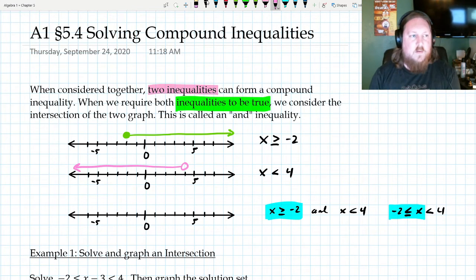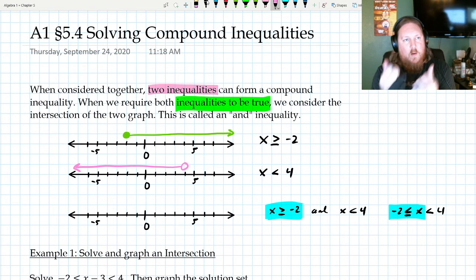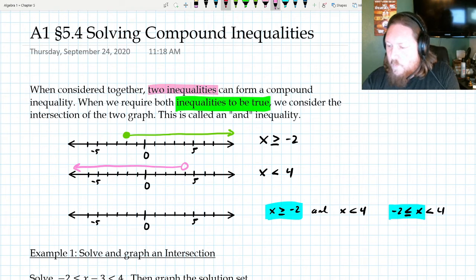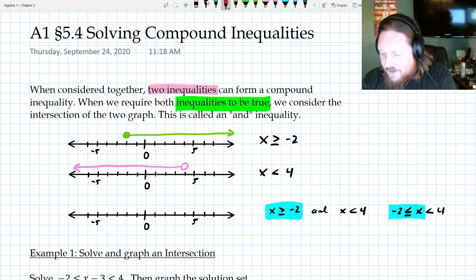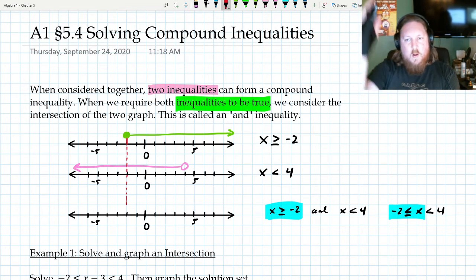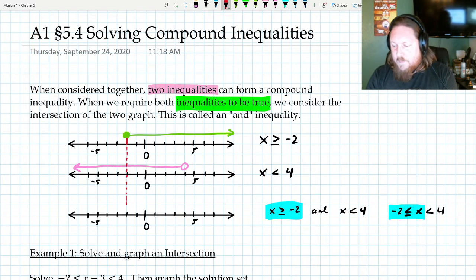It just goes on forever, right? And the whole idea is the arrows are pointing in the directions of the solutions. So what I do is I take a look at one of the endpoints, like at -2 here, and I draw a line straight down and think about it going all the way down, and it cuts off that other line, right? It cuts off the pink line at -2.